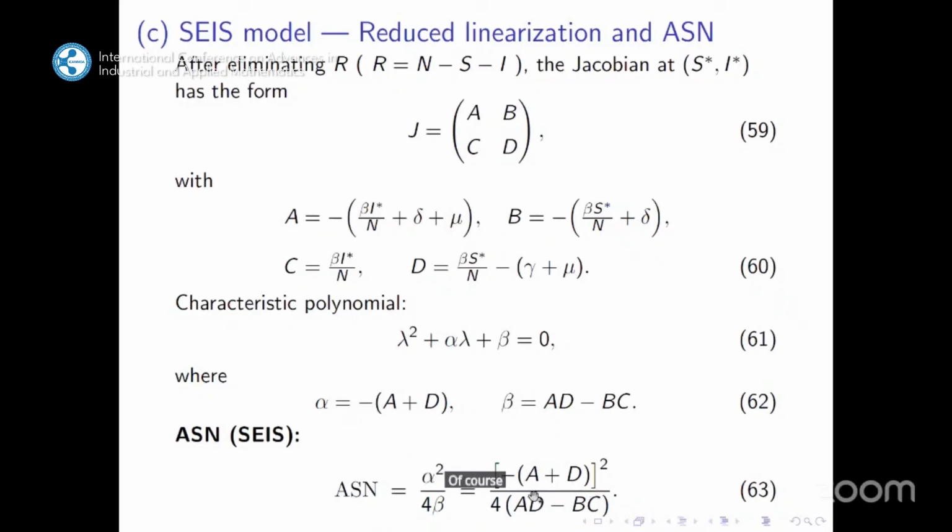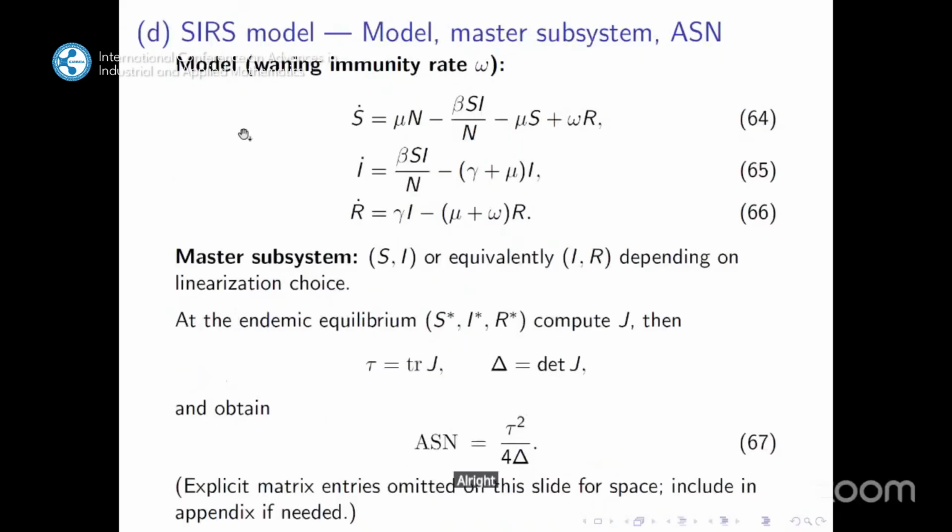Of course, we know the values of A, B, C, and D, which are given in equation number 60. All right. Now, the same applies with SIRS.